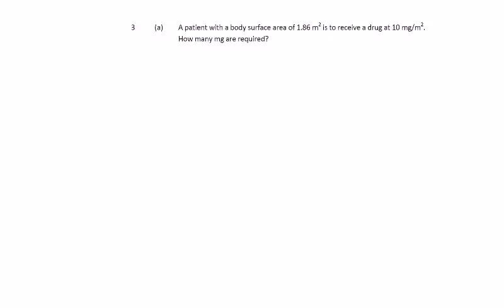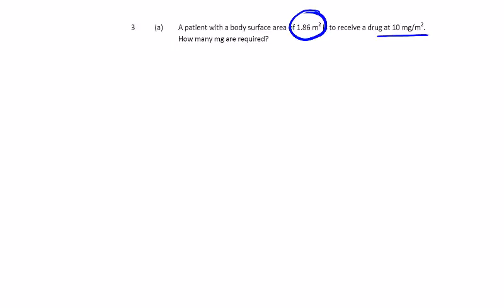Question 3a. So the patient with the body surface area of 1.82 meters squared needs to receive a drug at 10 milligram per meter squared rate. So first thing we need to identify is the want and the have.